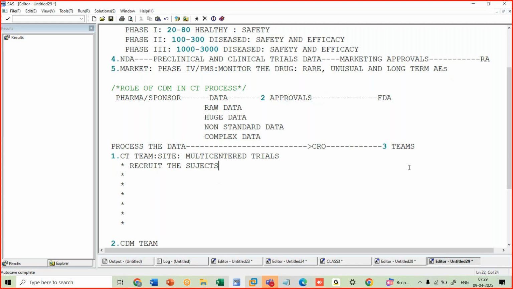They recruit the subjects as per the criteria, which is the eligibility criteria.